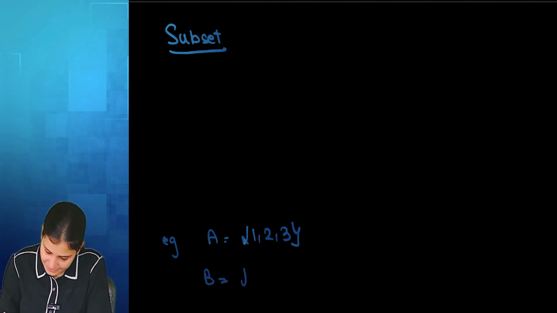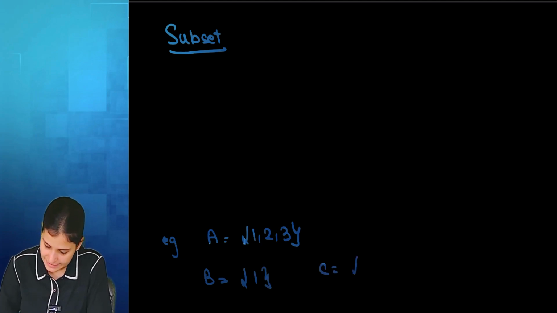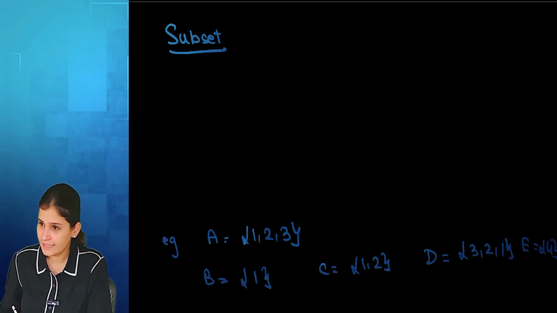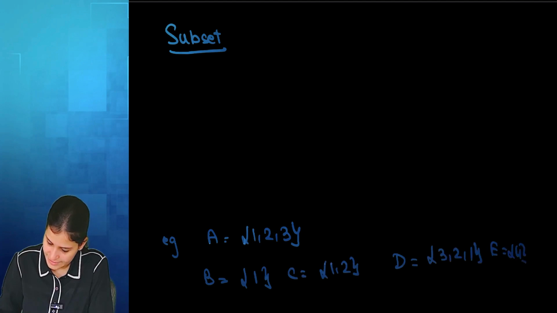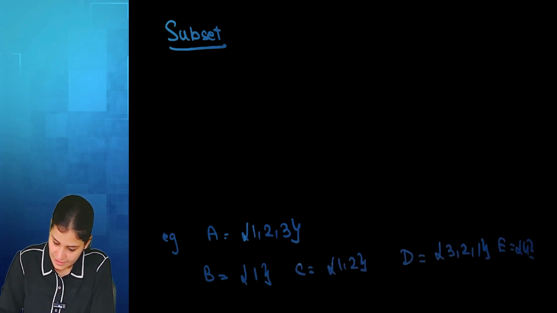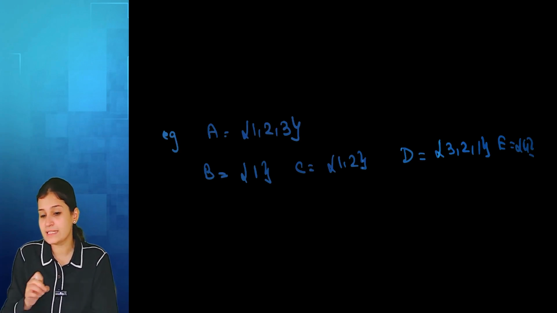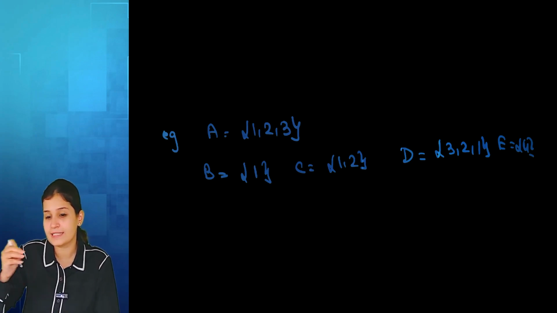So if I take some of the elements, say B is 1, or I take another set C, 1, 2, or another set D, 3, 2, 1, or another set E, that is 4, right? If you see the elements that are present within the set B, which is 1, it is also present inside the set A.